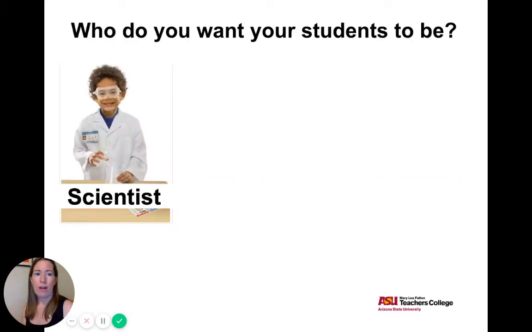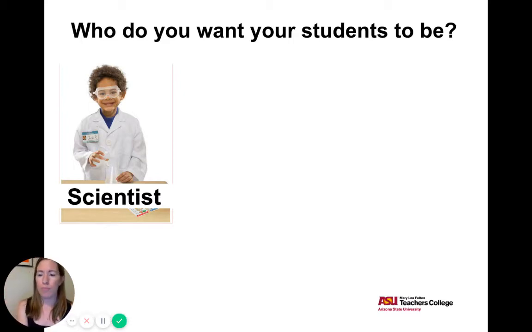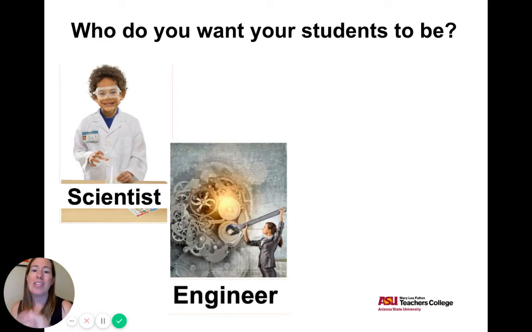So in your PBEL, you're going to ask yourself, who do I want my students to be? Do I want my students to be scientists? Are they going to study and research and then give you a scientific solution to a problem like climate change? Do I want my students to be engineers?